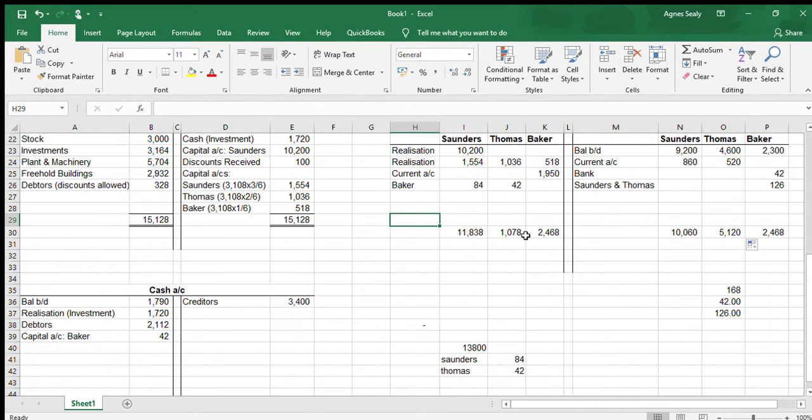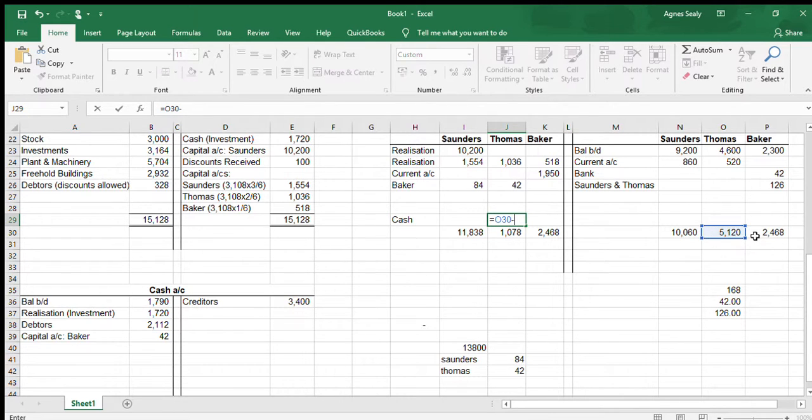So cash, and we work the difference here, equals... So Thomas is going to receive $4,042. So this is debited in his capital account, so it would be credited in the cash account for Thomas.